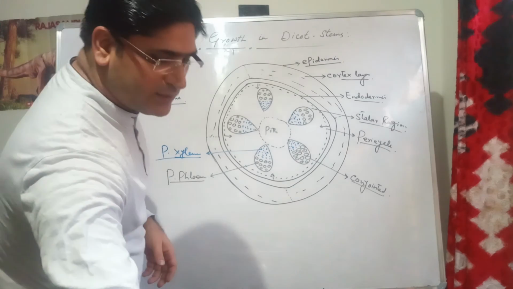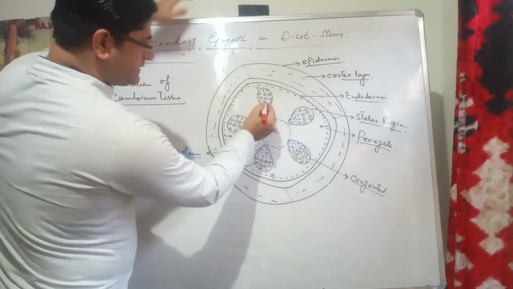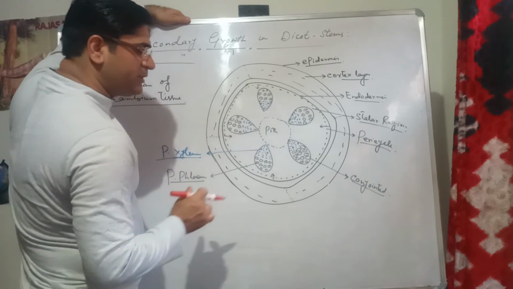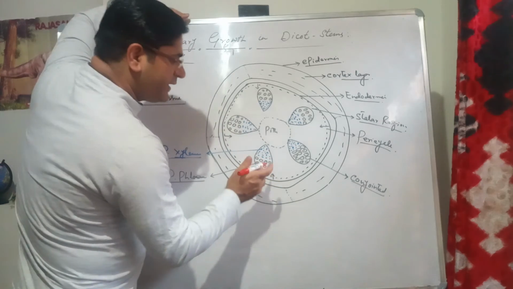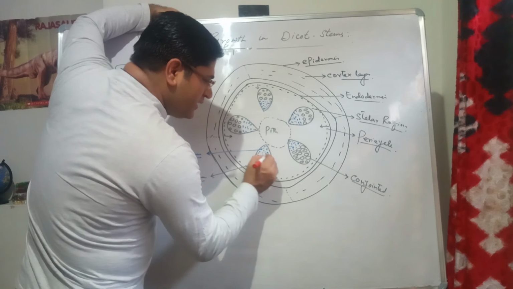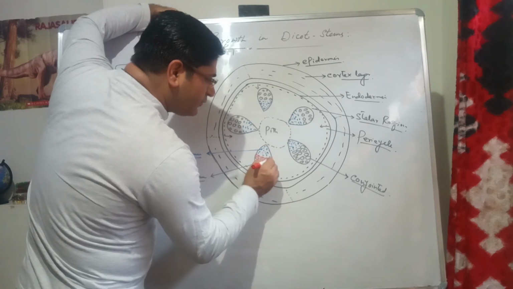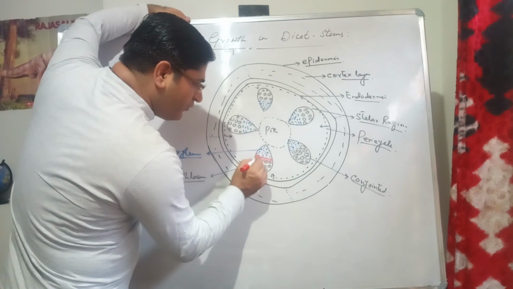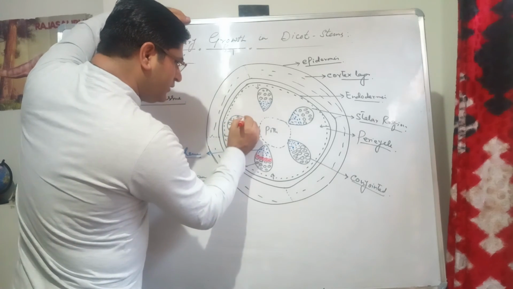Within each vascular bundle, where there is xylem and phloem tissue, in between the xylem and phloem some of the cells become meristematic and lead to the formation of meristematic strip-like structures between the xylem and phloem tissue, in a small strip manner like this.